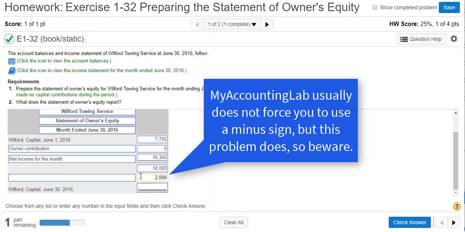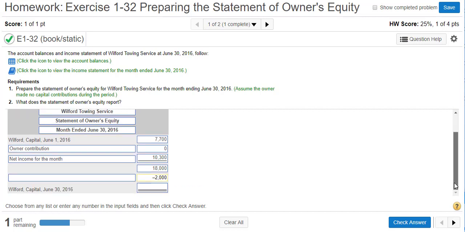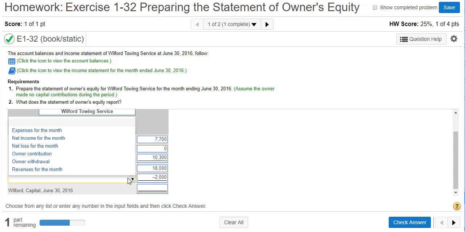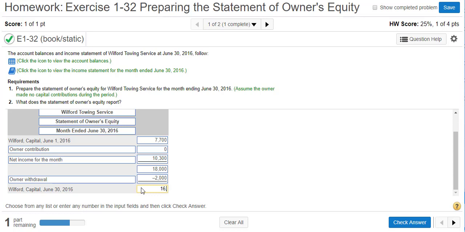But this time it is forcing us to put a minus sign in there for anything that's decreasing capital. And the only thing that's decreasing capital on this statement is the owner withdrawals. So we're going to take our subtotal, 18,000, we're going to subtract 2,000, and that gives us $16,000 of capital.